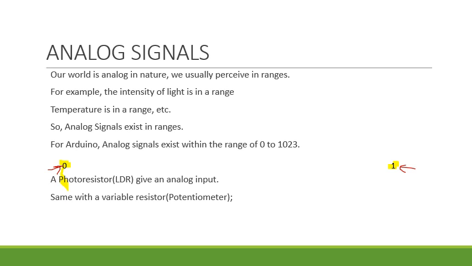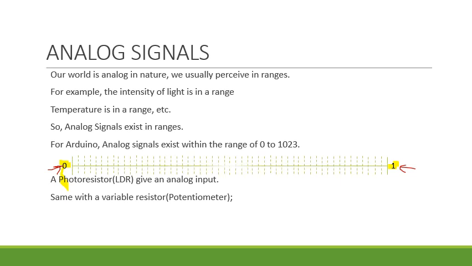So now analog signals exist in ranges. And what do I mean? Look at this line. You will notice that for the digital signal, all these broken lines did not exist. But for an analog signal, the Arduino has been gridded in such a way that you can get a value from 0 to 1023.